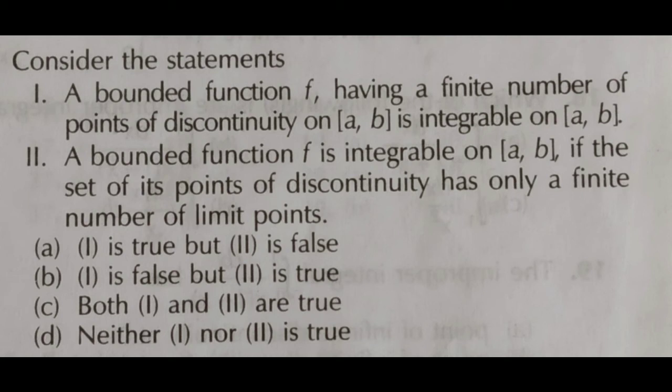Then option A, 1 is true but 2 is false. Option B, 1 is false but 2 is true. Option C, both 1 and 2 are true. And option D, neither 1 nor 2 is true.